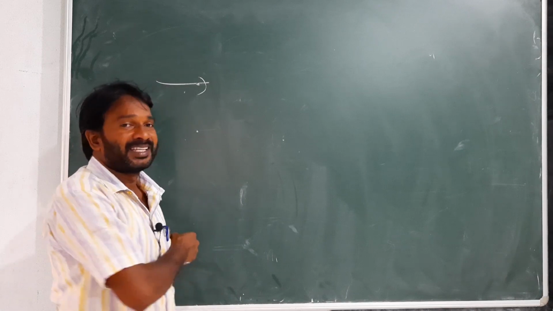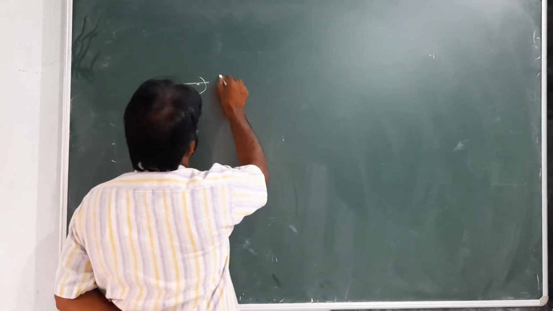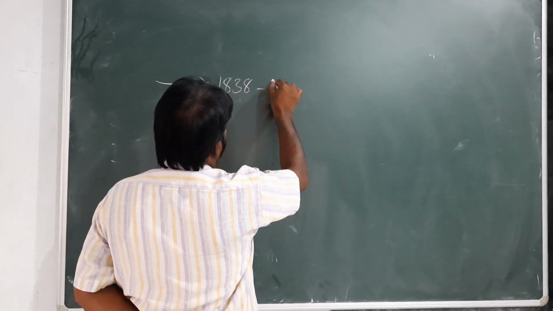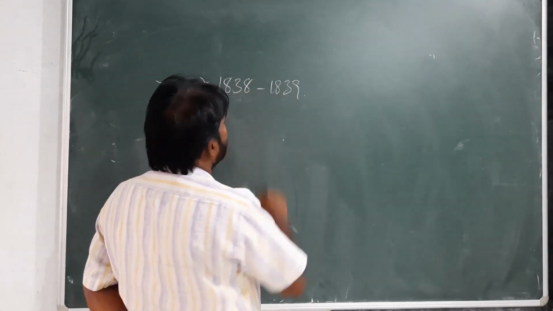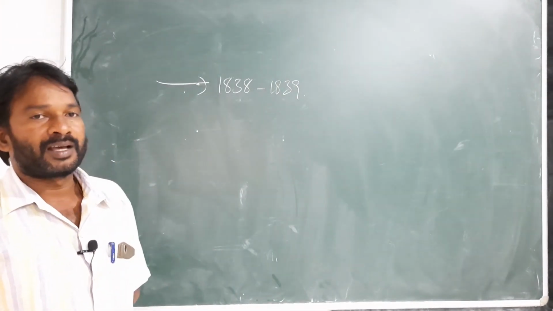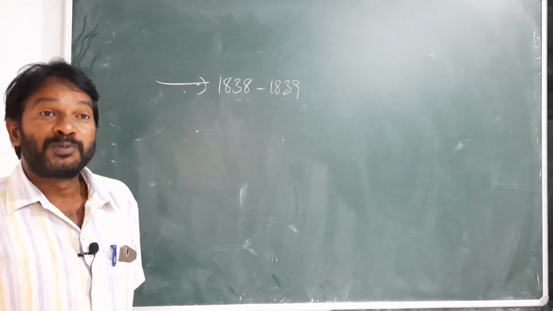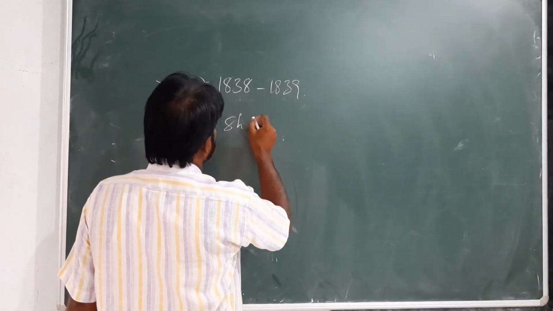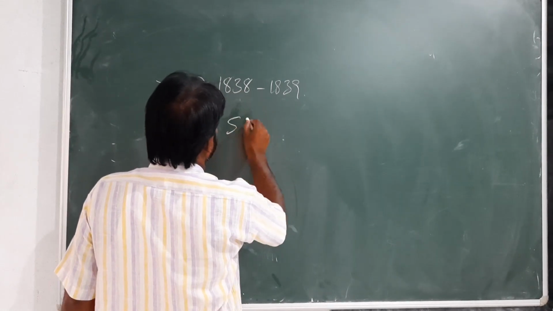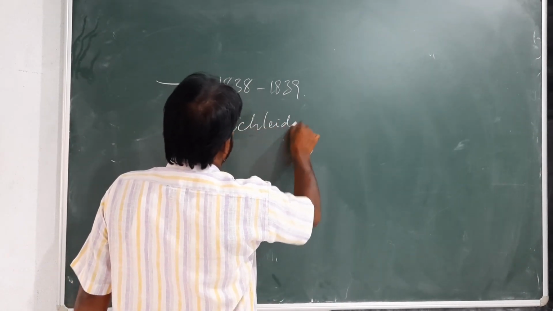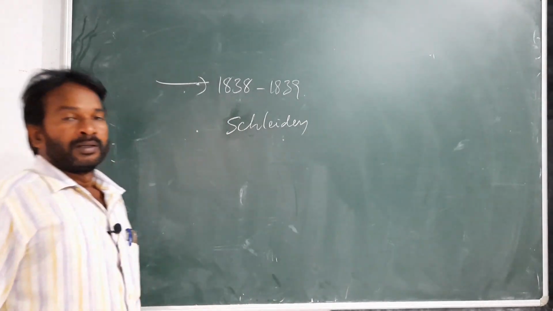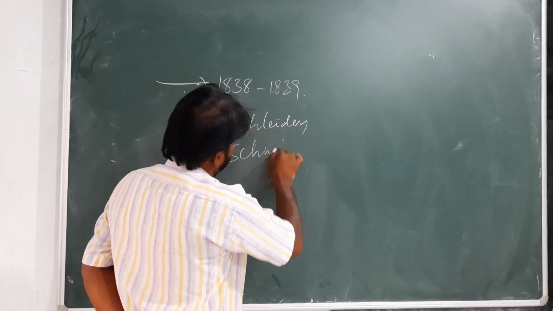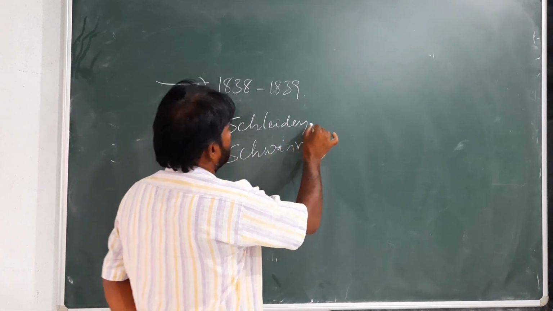In 1838 and 1839, two scientists made observations: Schleiden and Schwann.